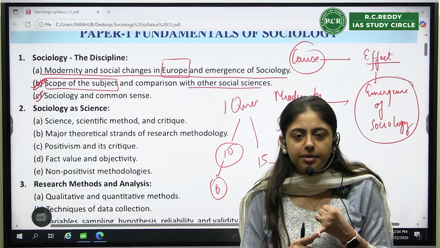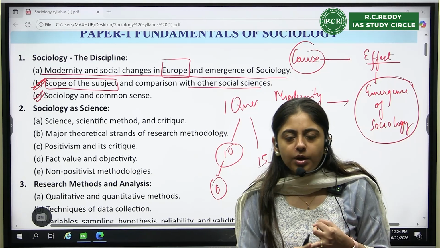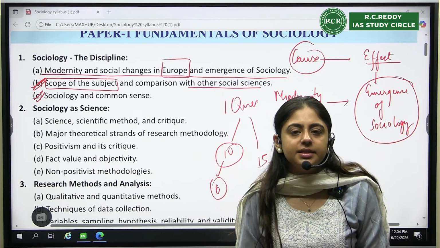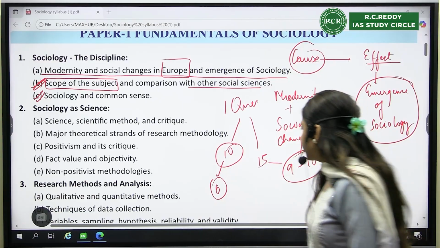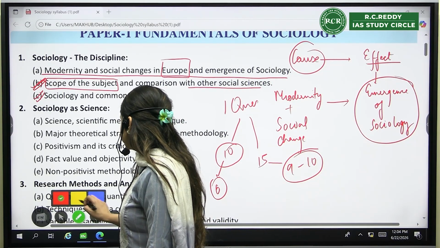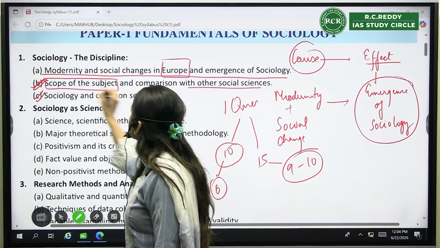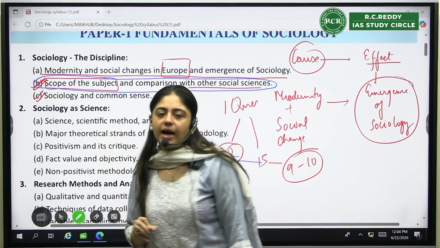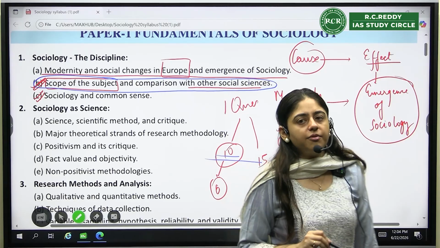You don't know its subject matter, its scope, its research methods, you don't know anything about sociology at the start. So this particular topic, this part B, we will be doing at the end of our paper one.